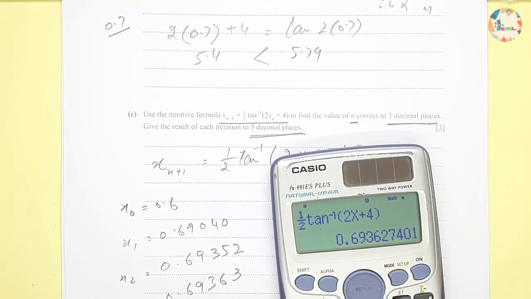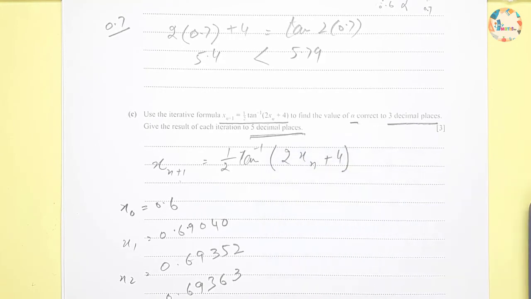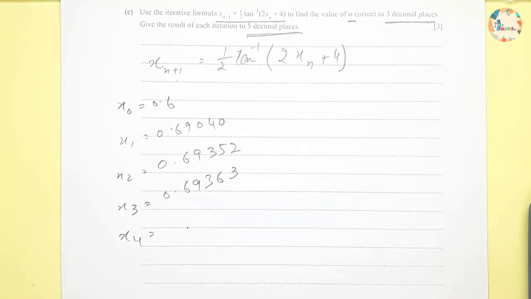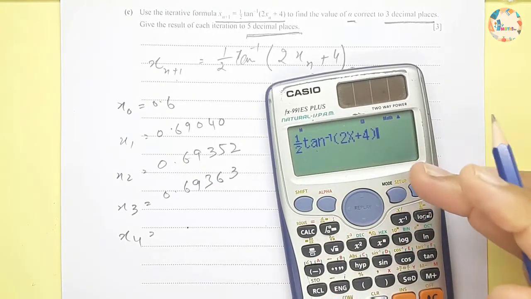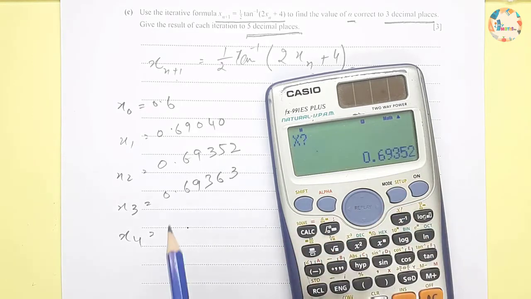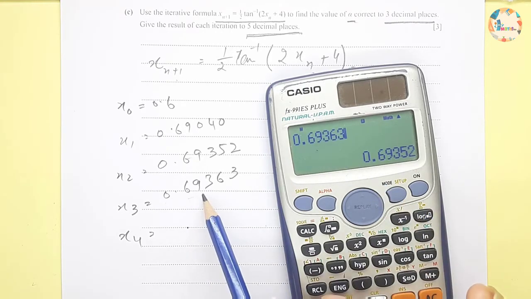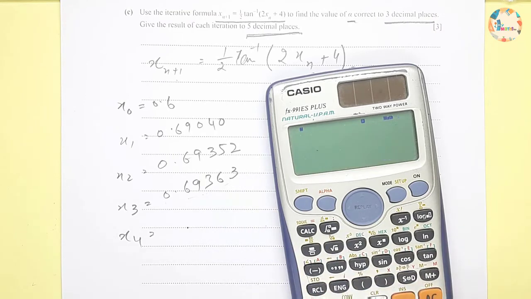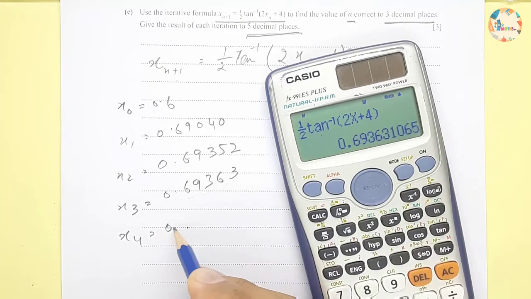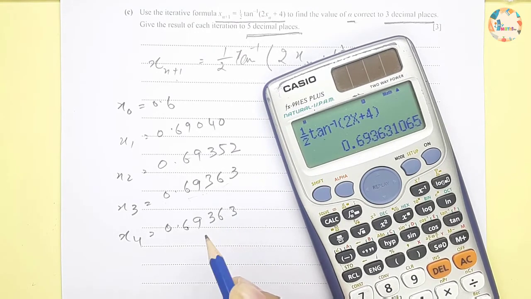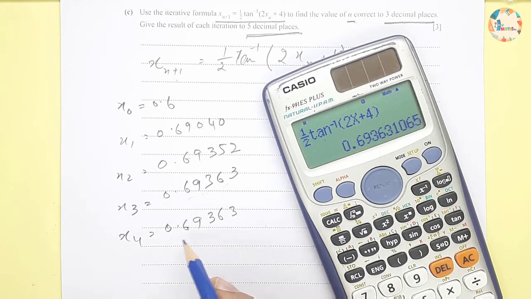Then for next value x4, now we can again calculate for this value, 0.69363, and this will be giving us 0.69363, and this is up to x4.